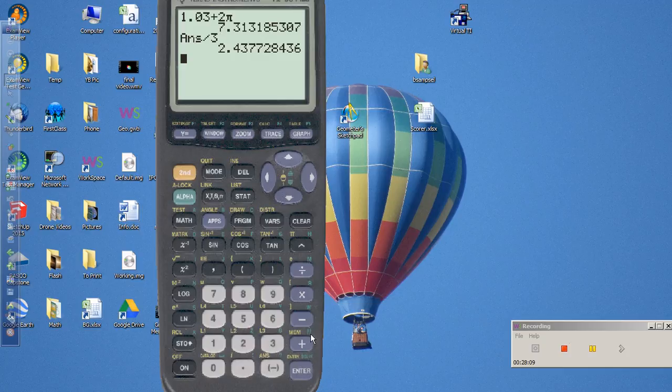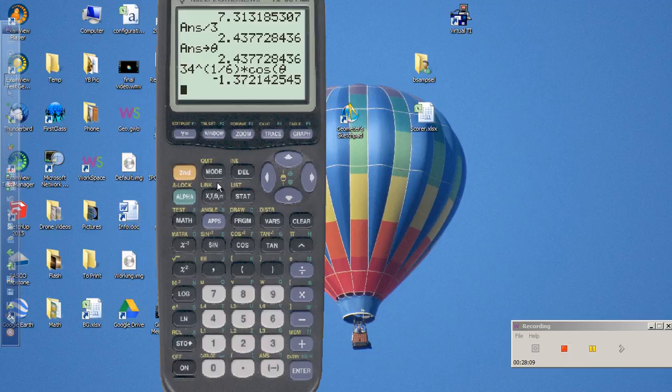Now, that number we're going to use twice, so one quick thing you can do is hit store x, or theta in this case. Now all I have to do is say 34 raised to the 1/6 times cosine theta, and then do it again, go to entry, and change it to sine here.